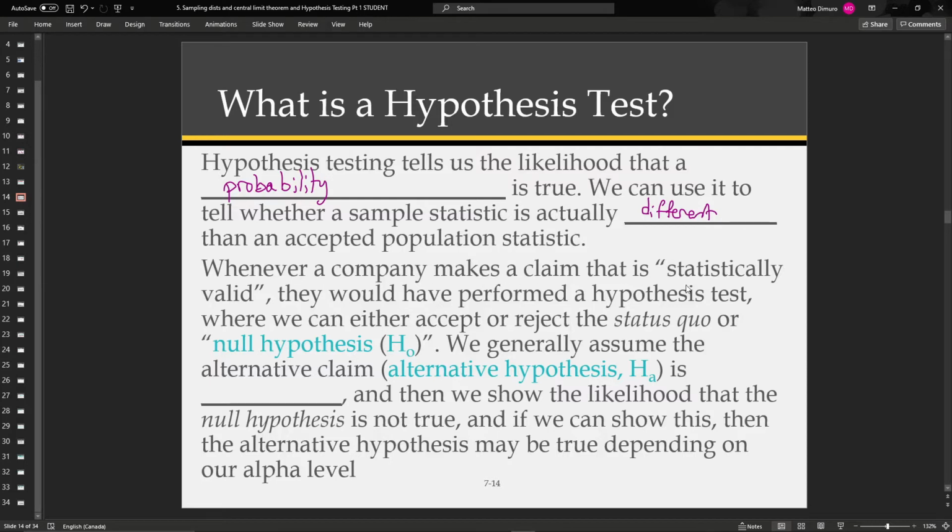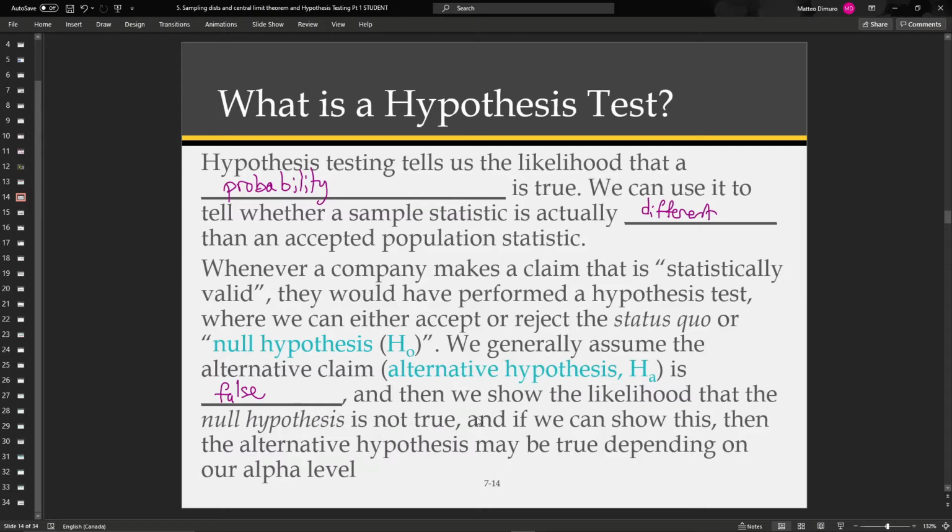Whenever a company makes a claim that is statistically valid, they would have performed a hypothesis test, where we can either accept or reject the status quo, which is called the null hypothesis. We generally assume that the alternative claim, which is the alternative hypothesis, is false. And then we show the likelihood that the null hypothesis is not true.